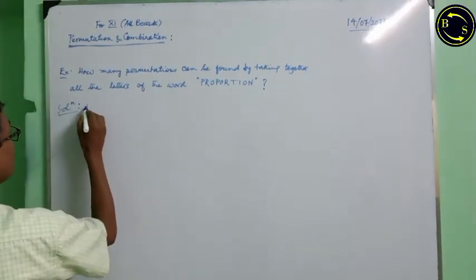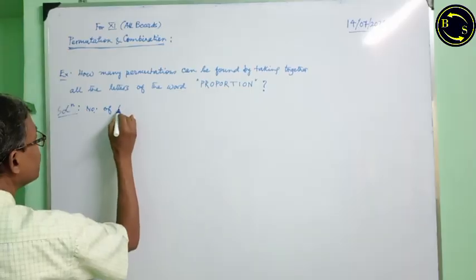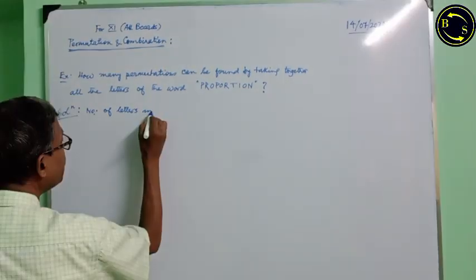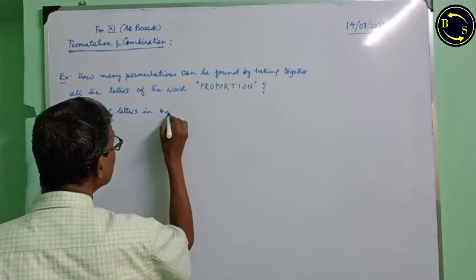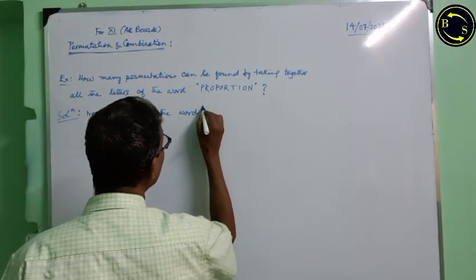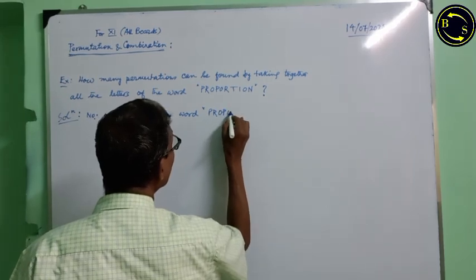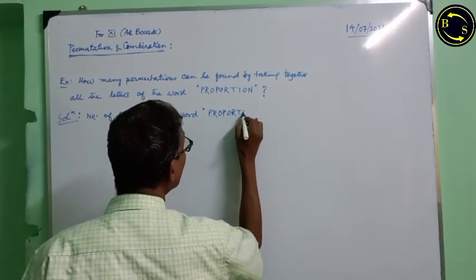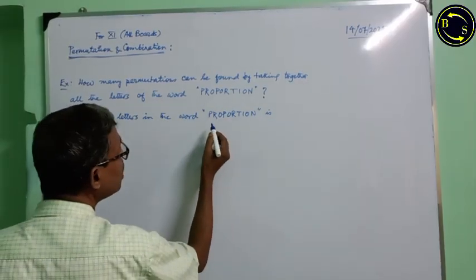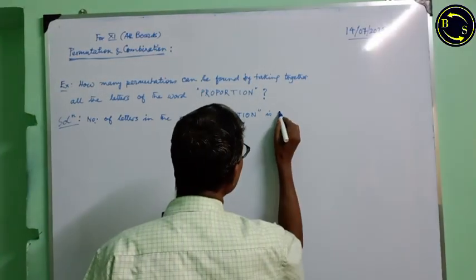First of all, number of letters in the word: count 1, 2, 3, 4, 5, 6, 7, 8, 9, 10.